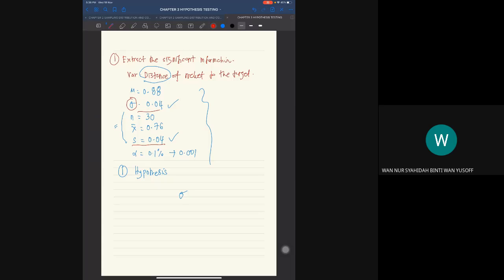This is similar to when we discussed chapter 1. If you still remember one of the purposes of variability, why do we go to variability? One of the reasons is because the means are similar to each other. Let's say we discuss two data sets, and the first mean is similar to the second mean. So there's no use using the mean, so we go to variability.